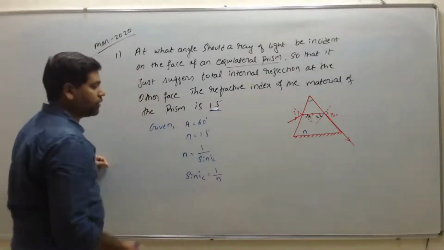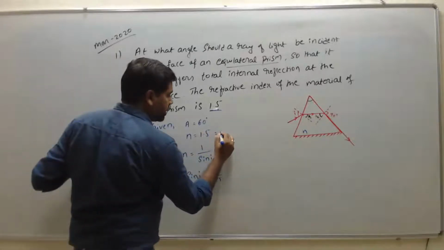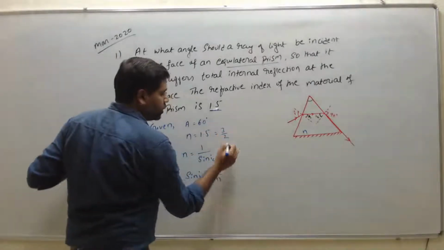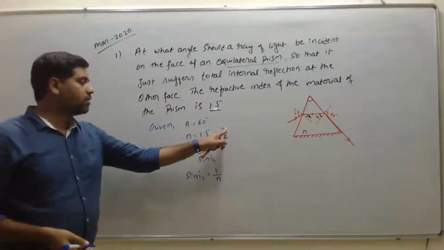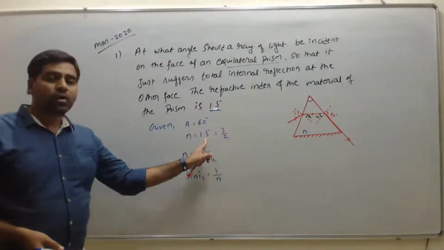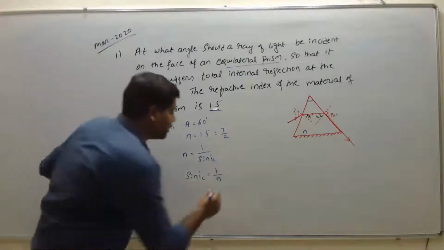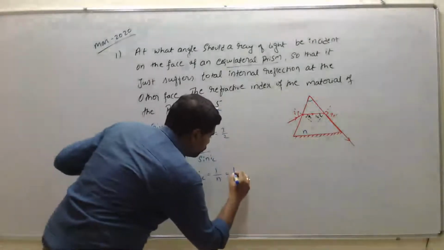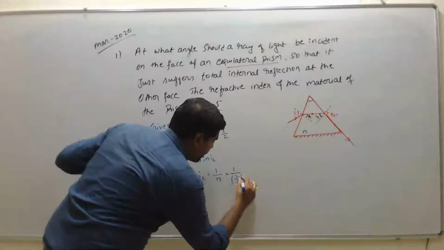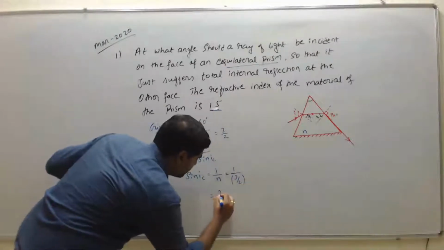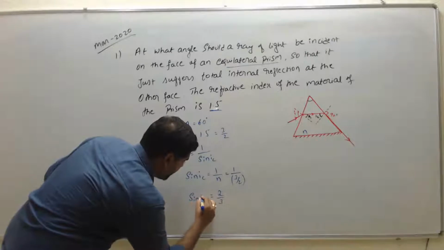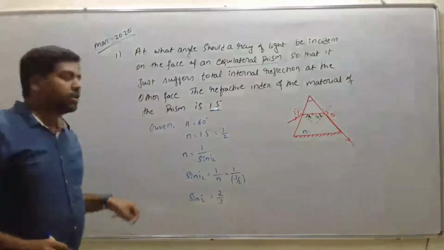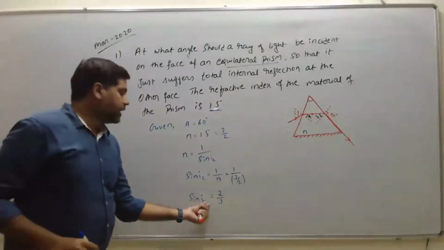We know the value of n. 1.5 can be written as 3 divided by 2, so in place of n we write 3 by 2, that is 1 divided by 3 by 2. So it becomes sine C is equal to 2 divided by 3. This is the critical angle.